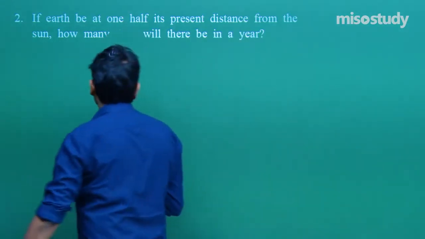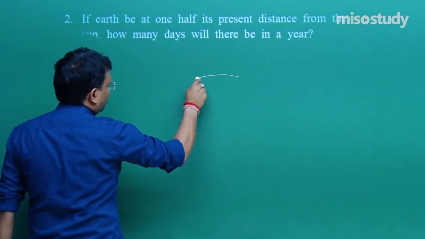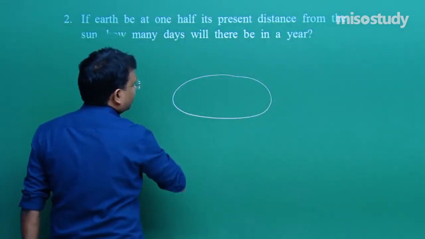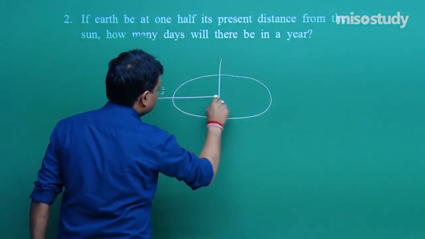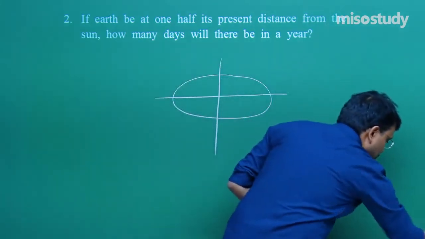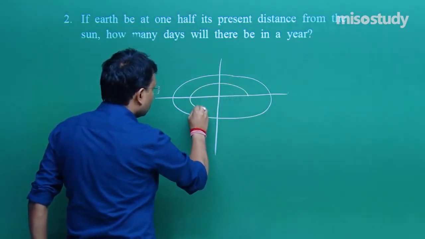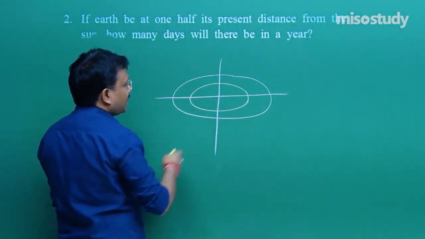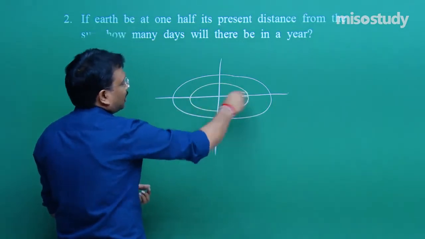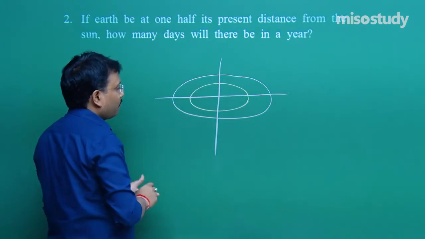Let me mention it. Actually, the situation is like this, fine. One is this white color, you can say ellipse, another is this small one, yellow color ellipse, fine.